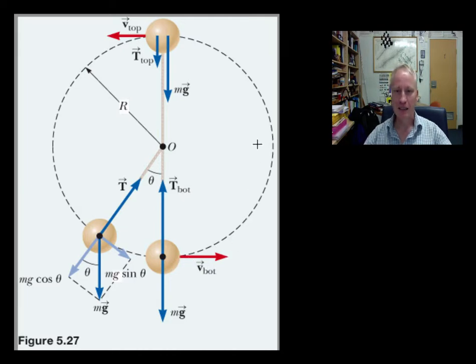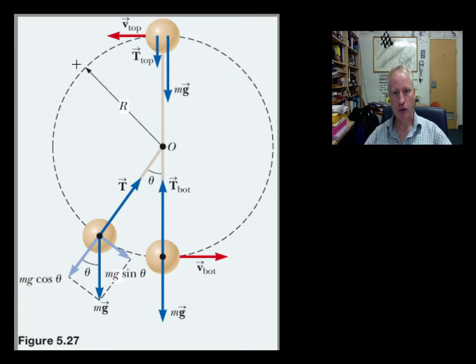Then we decelerate the ball to the top where it is slow, and we have a velocity v top now pointing to the left, and here gravity still has the same force, acts in the same direction and has the same magnitude as at the bottom, but you can see that the tension now is reduced, and it's pointing downward, and the tension can be reduced because the sum of the tension force and gravity is sufficient to provide the necessary centripetal force.